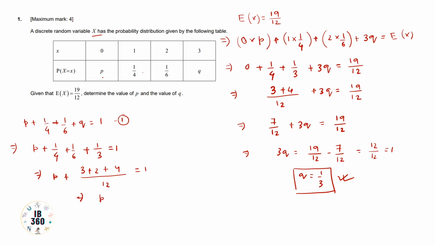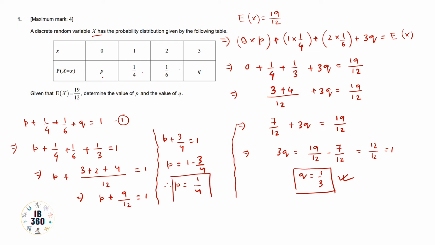So we are getting p plus 9 by 12 equals 1. So p plus 3 by 4 equals 1. So p equals 1 minus 3 by 4. So p equals 1 by 4.